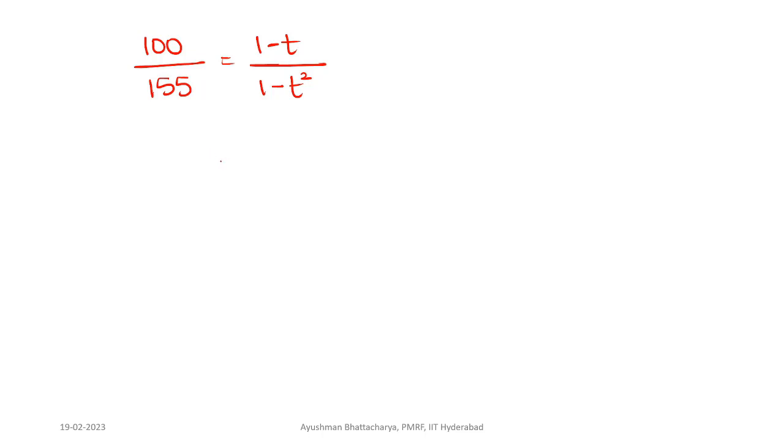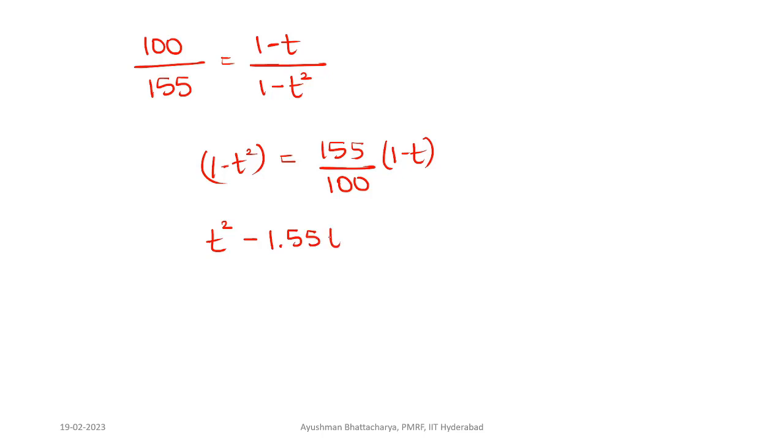So 1 minus t square is equal to 155 by 100 times (1 minus t). If you solve this, you will get a quadratic equation, which will be t square minus 1.55 t plus 0.55.